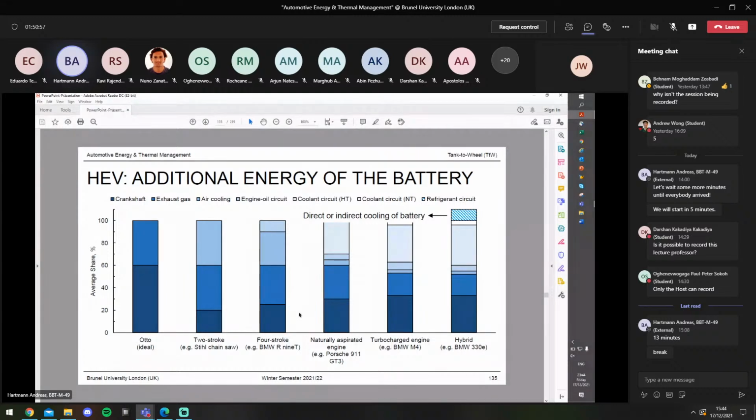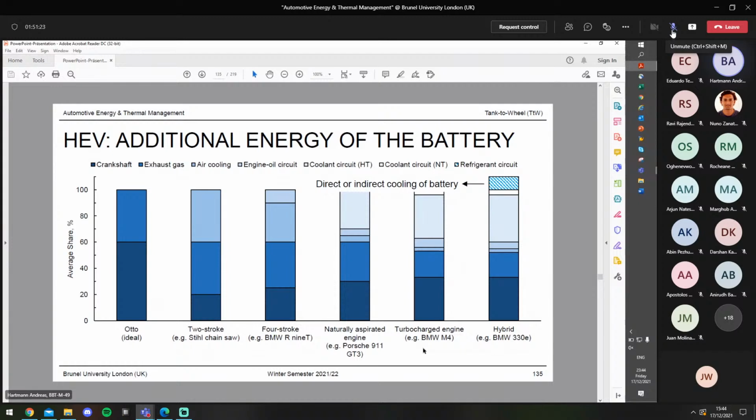Okay. As you can see, we have now step by step developed our energy flow diagram, starting with the idealized Otto engine, going over to the two-stroke engine, the four-stroke engine, naturally aspirated engine, turbocharged engine, including the water injection.